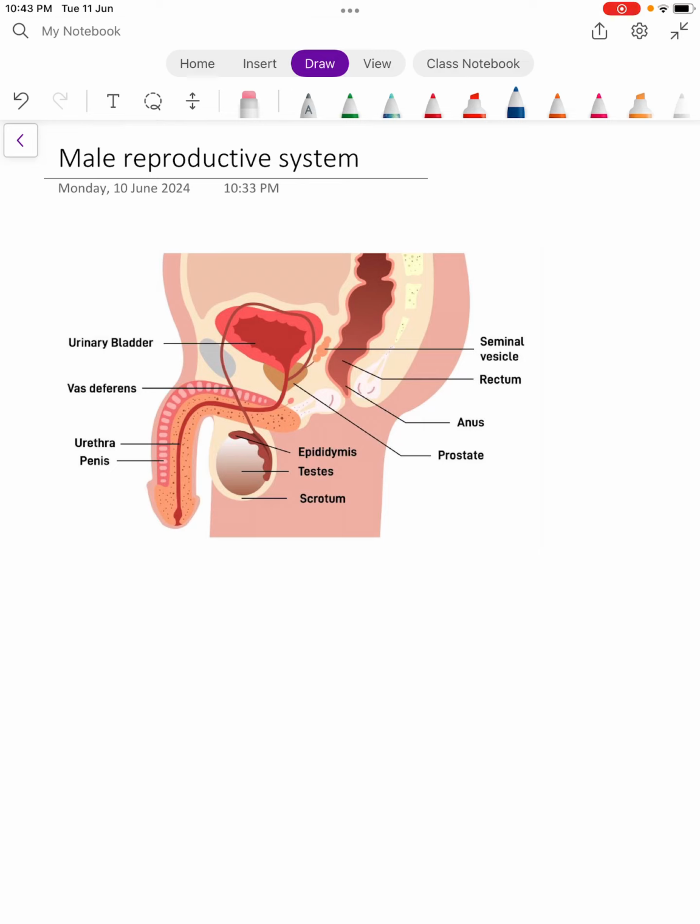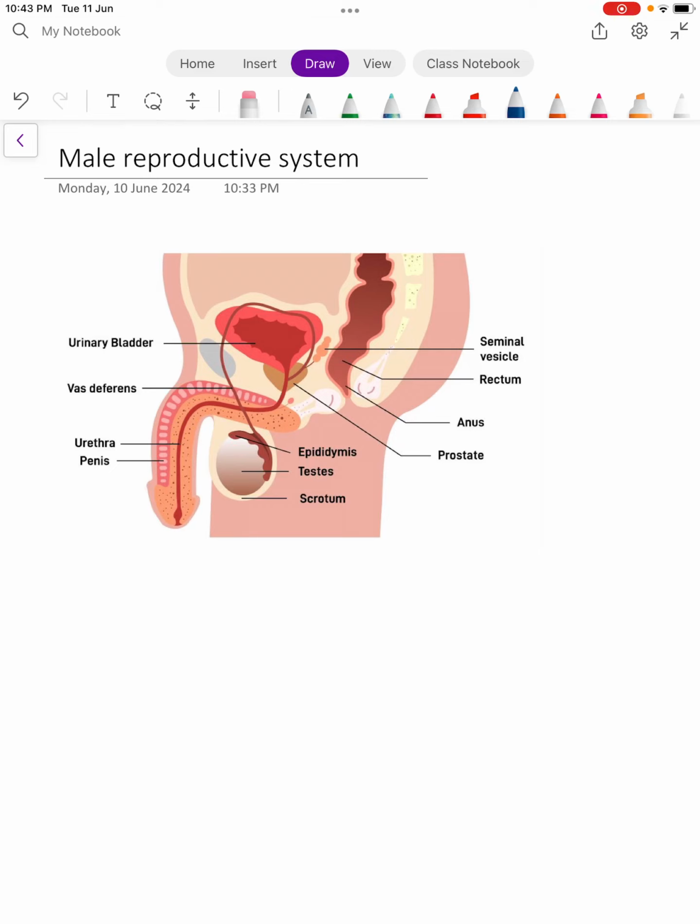The male reproductive system is mainly present in the pelvic region. It consists of a pair of testes, then accessory ducts, namely vasa efferentia, epididymis, vas deferens, then ejaculatory ducts, seminal vesicles, and many others. So we will discuss one by one.